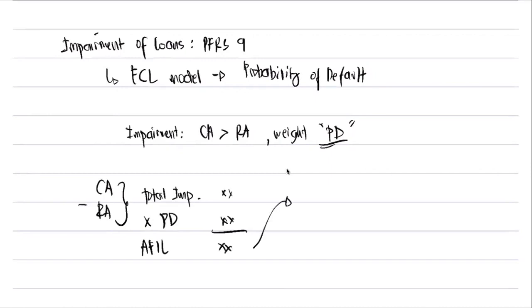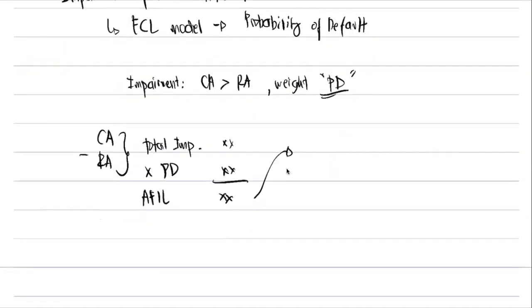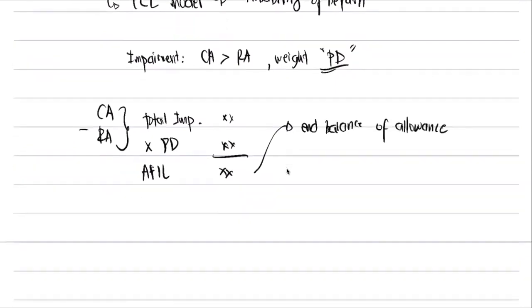So what is this allowance for impairment loss? This allowance for impairment loss is equal to the ending balance of allowance. So how do we compute for that ending balance of allowance? That is already the AFIL based on our ECL, tama? But the question now is, what is the amount of our impairment loss?